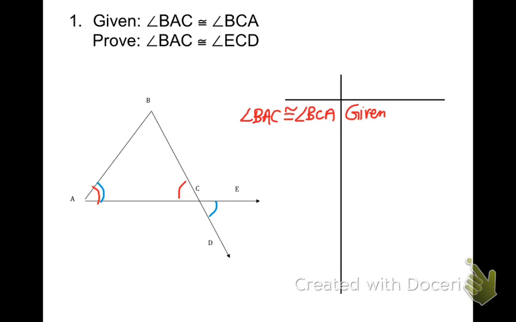Well, you can see the relationship between angle BCA and angle ECD here are vertical angles. So we know that angle BCA is congruent to angle ECD because of the vertical angles theorem.